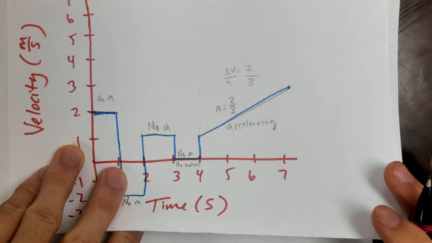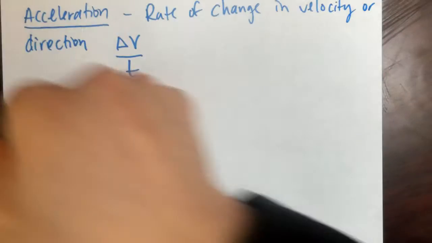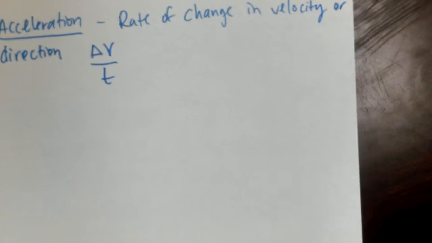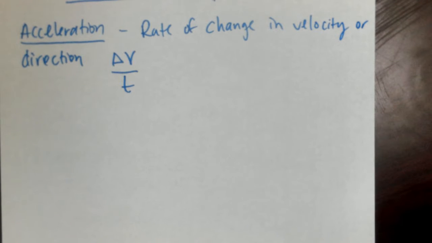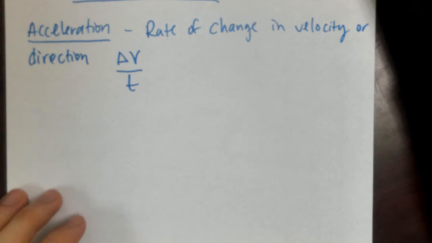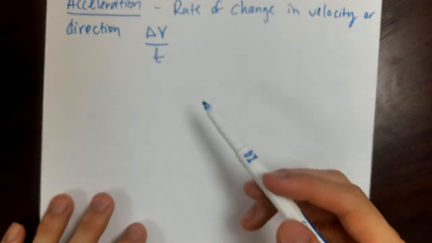Alright, let's go back. Now that we got that done on the graphing part, let's see how velocity, acceleration, and motion combine. How are they related to each other?